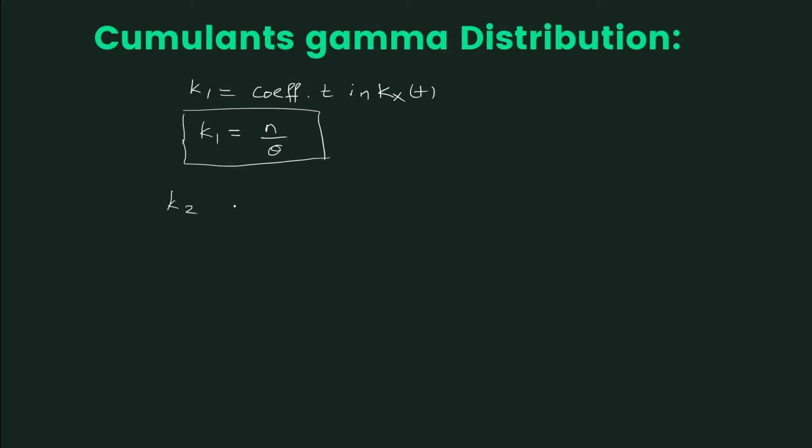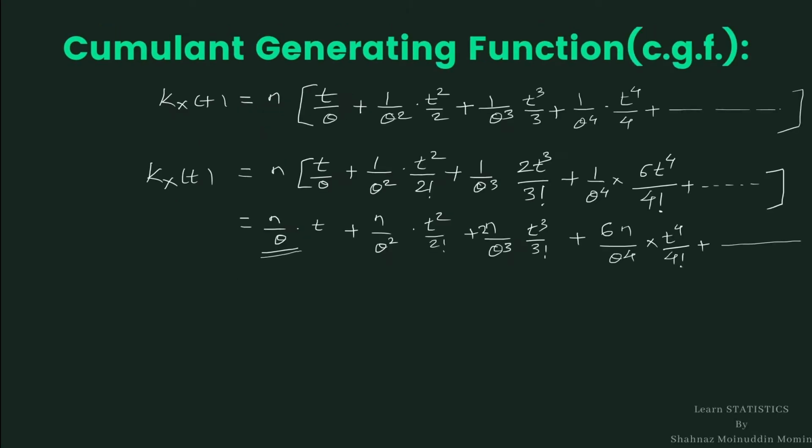The second cumulant K2 is equal to the coefficient of t square upon 2 factorial in the cumulant generating function K_X(t). So we shall see the coefficient of t square by 2 factorial. Observe the last expression of cumulant generating function. n upon theta square is the coefficient of t square by 2 factorial.